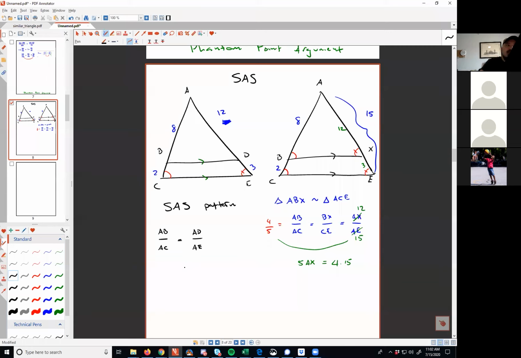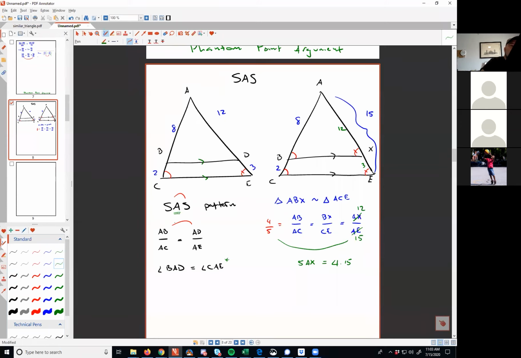We knew that from the given information, and forgive me for writing 10 up there at first. That's the S and the S. And then we know the angle in between them is the same because it's the same angle. Angle BAD is equal to angle CAE. And that's the angle in between.